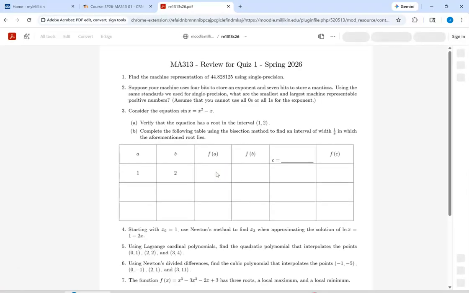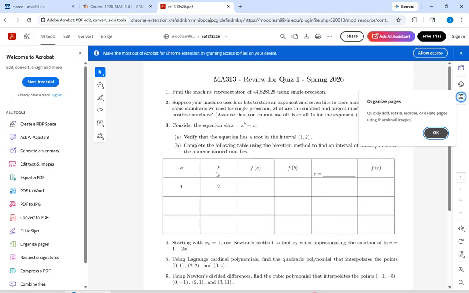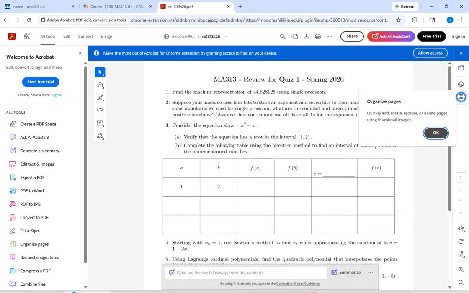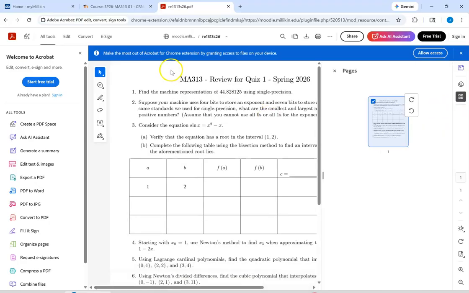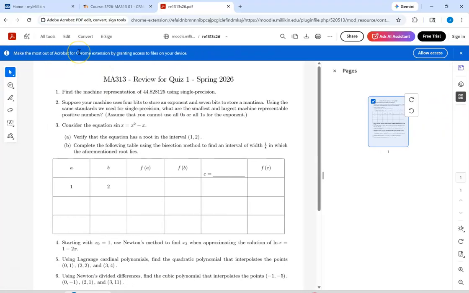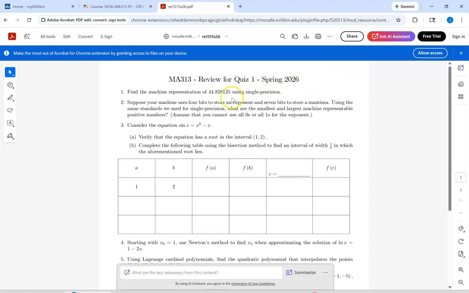So, finding a machine representation. And making sure that you can find the smallest and largest numbers. As extra practice, because this one says using single precision, maybe you should try to represent this number using this setup: 4 bits for the exponent and 7 bits to store the mantissa.